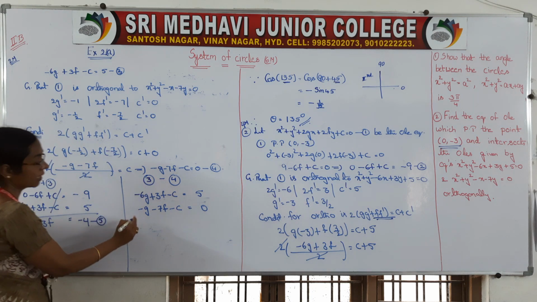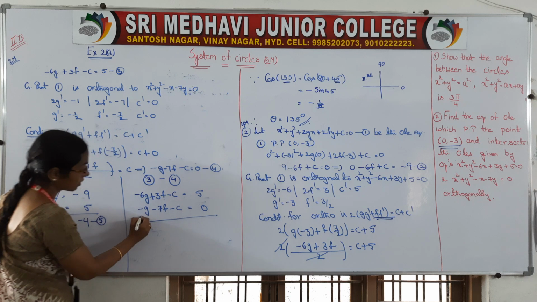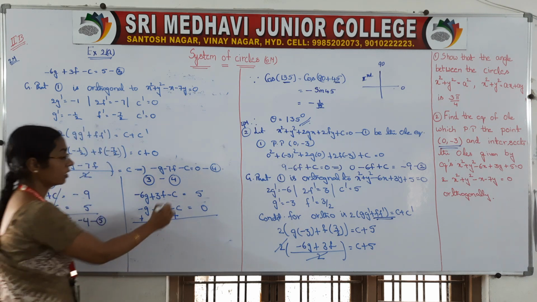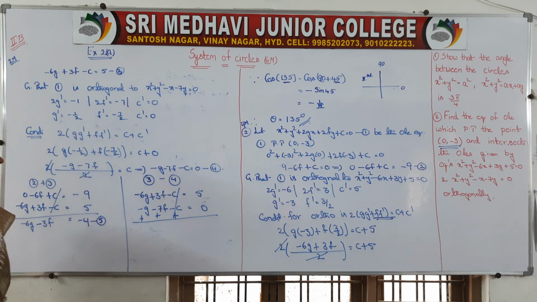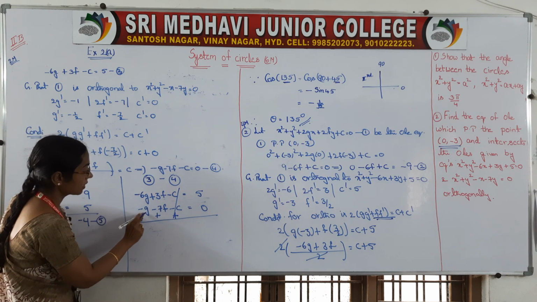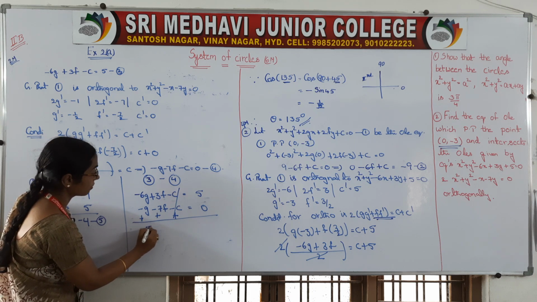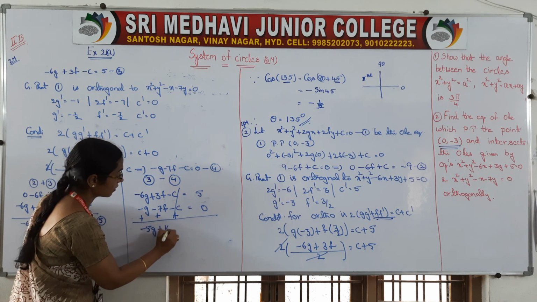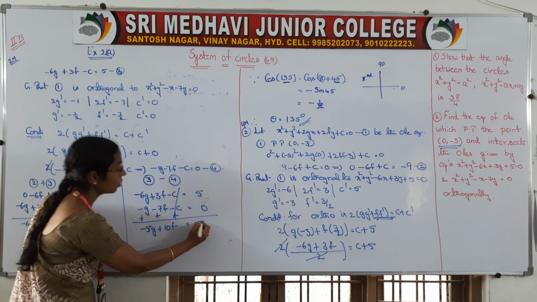We have taken minus. So minus of minus is plus, and the c terms get cancelled. So you will have minus 6g plus g, so minus 5g, right? 3f plus 7f, this is 10f is equal to 5.